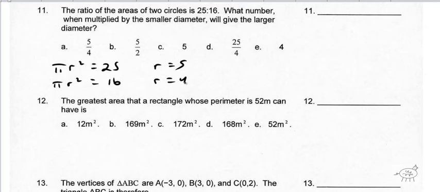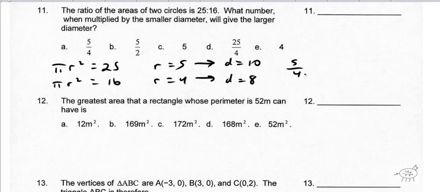And it says, what number when multiplied by the smaller diameter? Well, I want to convert this into diameters because I have radius right now. So it's going to be d is 10 and d is 8. Okay, and if I get 10 over 8, I get 5/4.